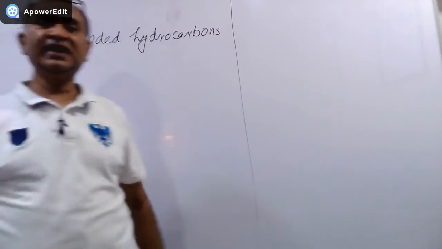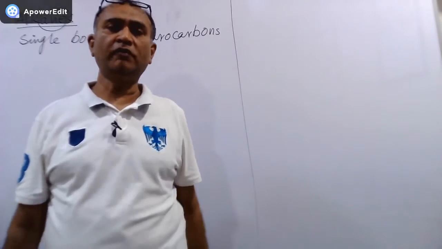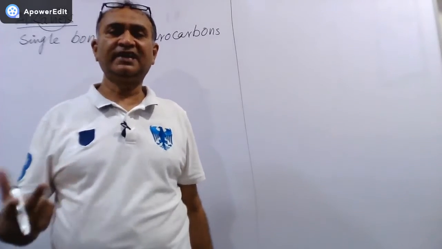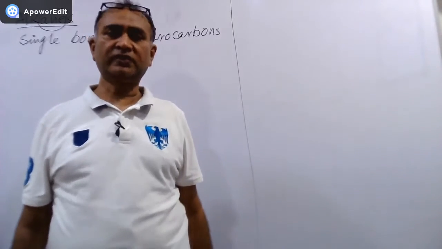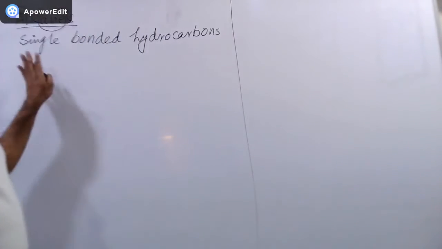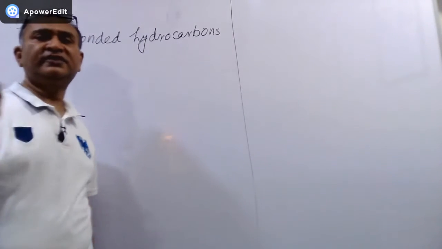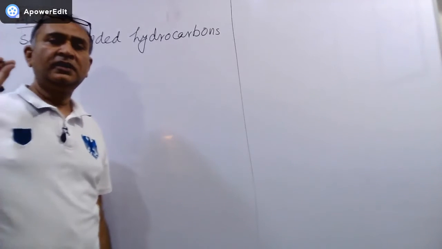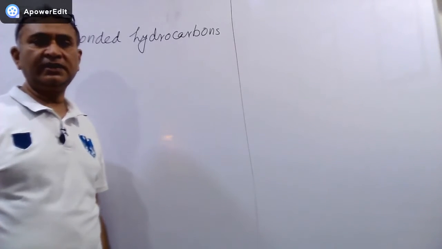It means if we see ane in the name of an organic compound, then it represents an alkane, most of the time. Single bonded means we will not see any double bond or any triple bond. Only single bonds would be there.